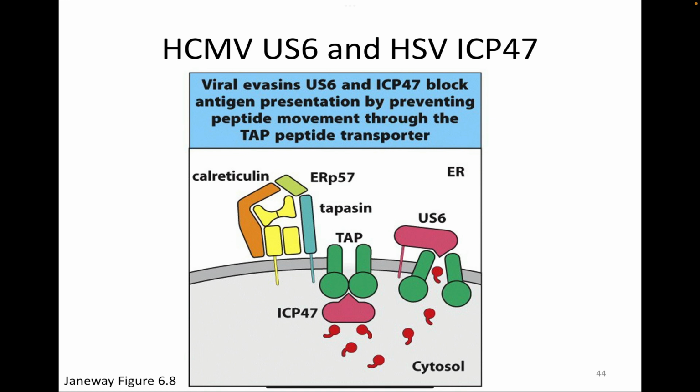These viruses actually make little proteins, and if you look at the structure of these proteins, they look like stoppers that function to stop up TAP. And so they plug TAP, so no peptides can go through TAP. You can see one of them plugs it on one side, one of them plugs it on the other side. Either way, the idea is that we completely plug TAP. And these were the first ones that were found. They're pretty cool.